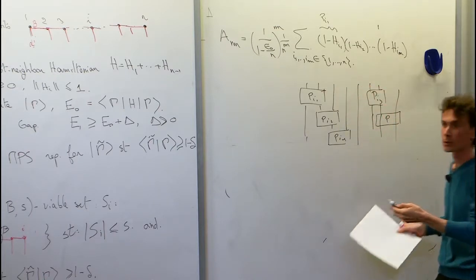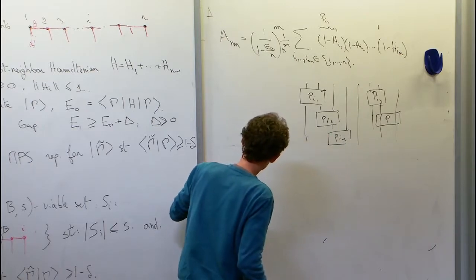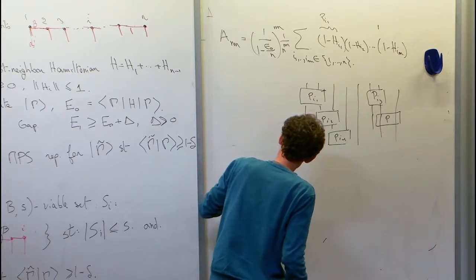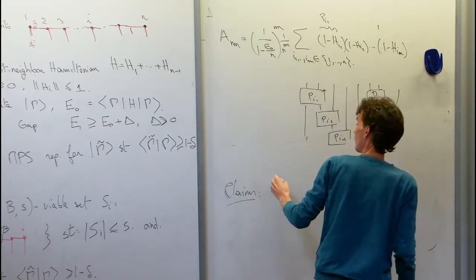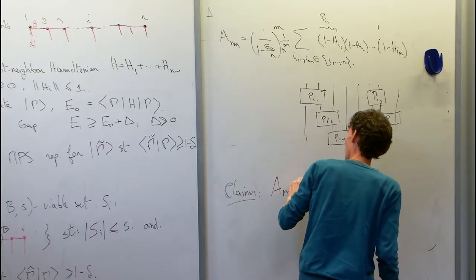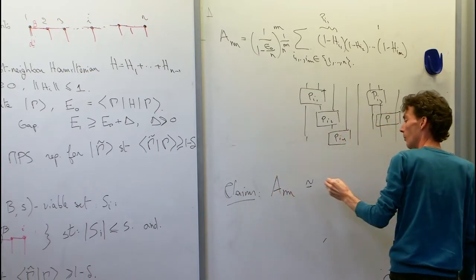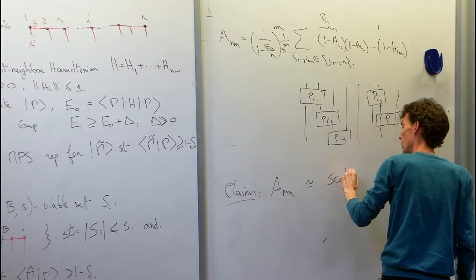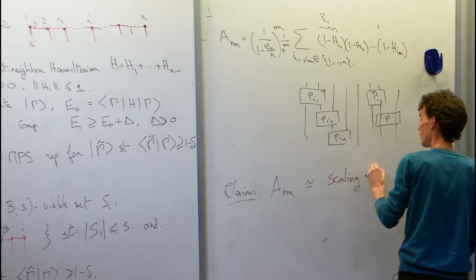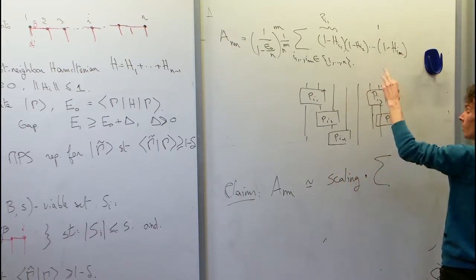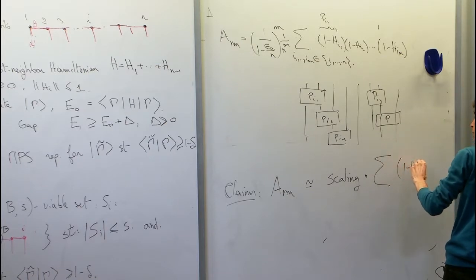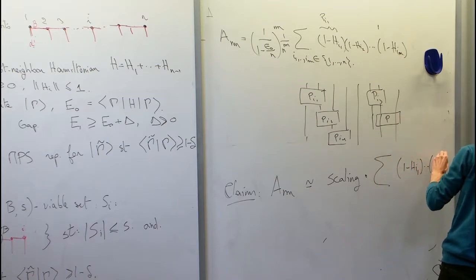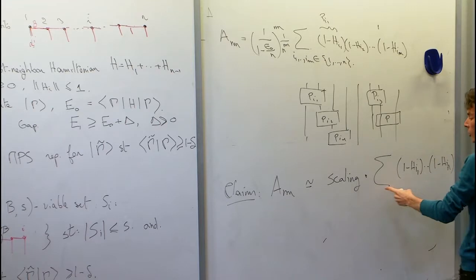So the claim, and I'm really over time, so I won't state it precisely, is that for our purposes, AM is well approximated by the appropriate scaling times the sum of these things, 1 minus h_i1, etc., up to 1 minus h_in. The sum over what?